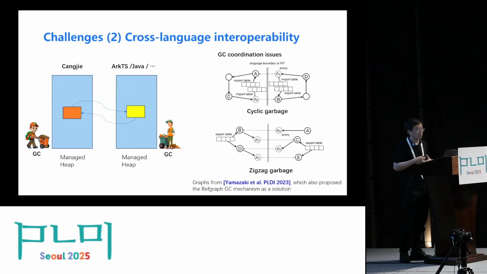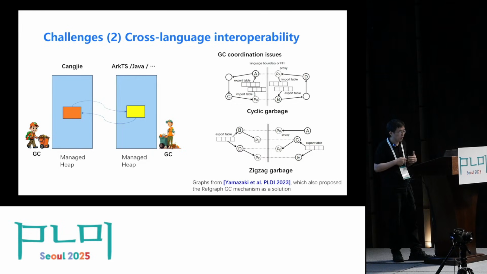So this causes memory leaks. The second issue is that although there are no cycles, if we have a long list of nodes which go across the language boundary, it will take multiple rounds of GC on both sides to finally collect them. So it will slow down the memory collection.